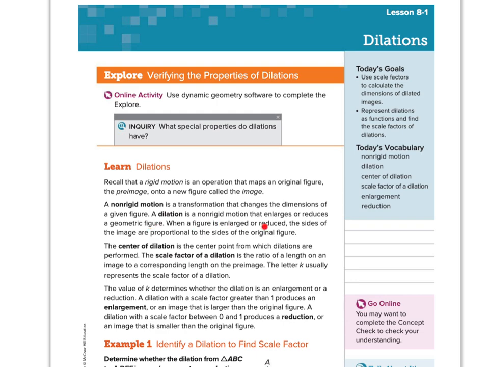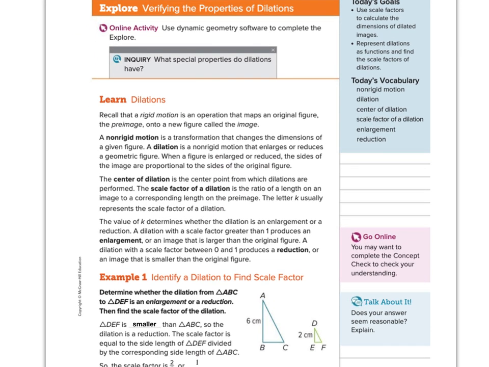When the figure is enlarged or reduced, the sides of the image are proportional to the sides of the original figure. So everything will change by the same scale factor of dilation. That is the ratio of the length on an image to the corresponding length of the pre-image, and it's designated with the value of k.